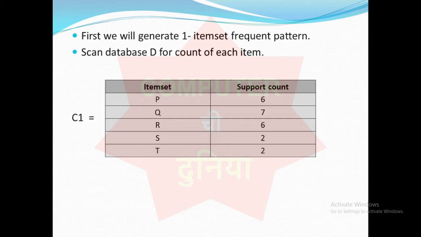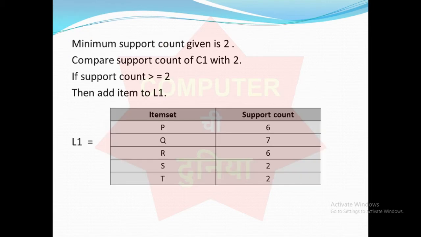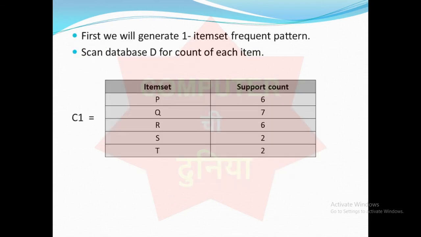Now by using this C1, we will find out L1. L1 means frequent list 1. The item sets which satisfy the minimum support count condition will be added to the list L1. If we look at C1, and the support count of an element is greater than or equal to 2, then and only then we add that element to L1.